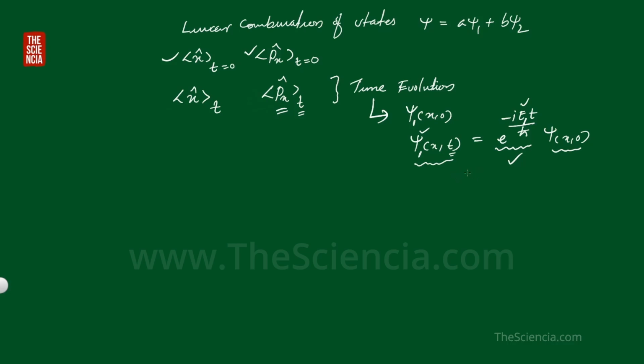Now we are going to use this expression, so please remember. Let us consider a state at time t equal to 0, that is a psi n plus b psi n plus 1. This is at time t equal to 0. Now I want to find the time evolution, that is, this wave function at time t. So I told you the method, that is time evolution. We derived this expression from the Schrodinger equation, right?